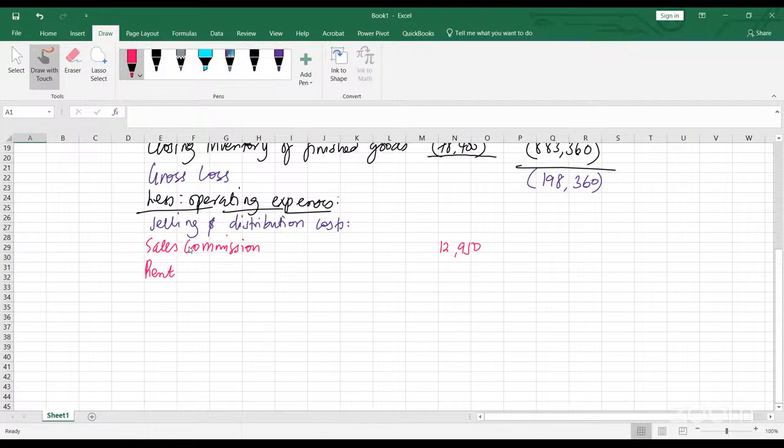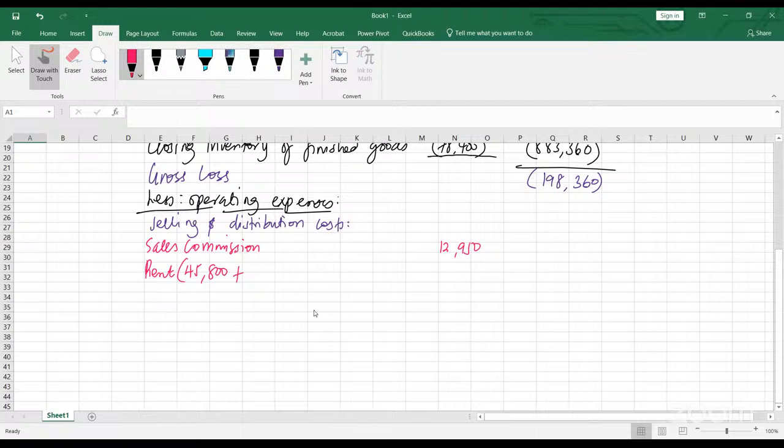But of course, there is some adjustment to make. We have accrued rent. How much is the accrued rent?